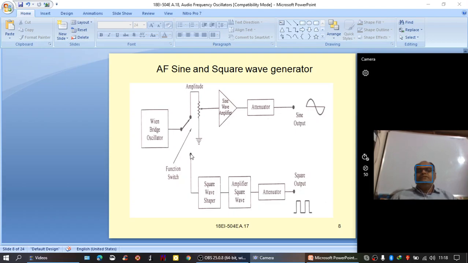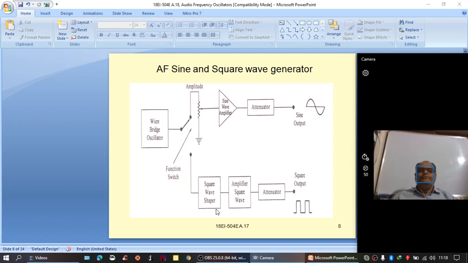When the function switch is connected to the square wave shaper, then the Wien-Bridge output, that is a sinusoidal signal, is given as input to the square wave shaper. And the square wave shaper will convert the sinusoidal signal into a square wave.